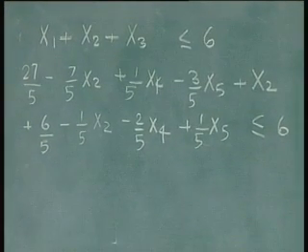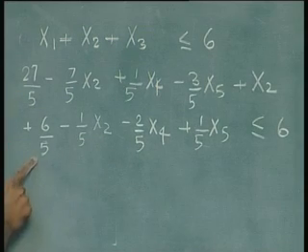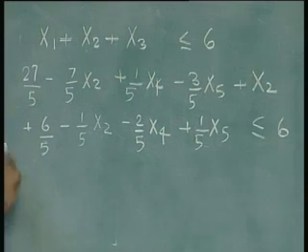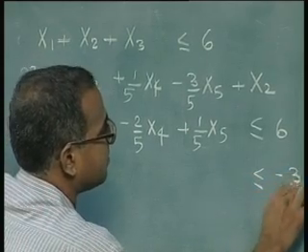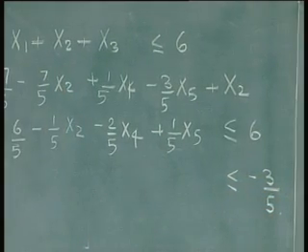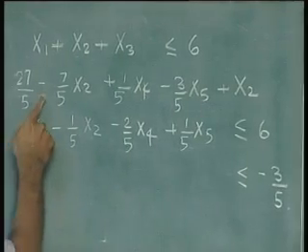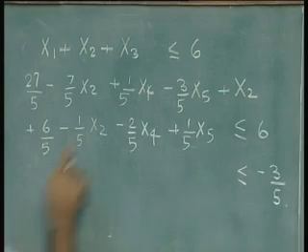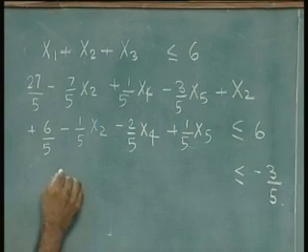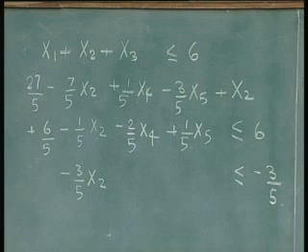Now let us go back and look at all the right hand side values. 27 by 5 plus 6 by 5 is 33 by 5. We take it to the other side, and you get less than or equal to minus 3 by 5. Now let us look at all the x2 values. Minus 7 by 5 plus 1 is minus 2 by 5, minus 2 by 5 minus 1 by 5 is minus 3 by 5 x2. Let us look at x4.